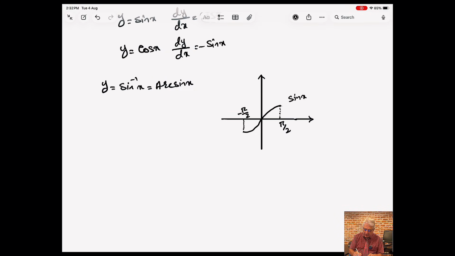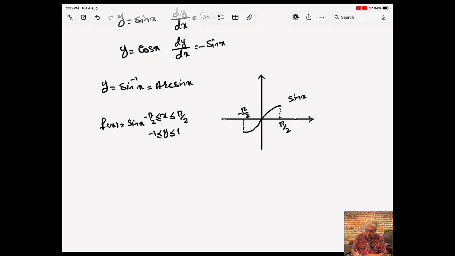Therefore, now I say if f of x is equal to sine x with x between pi over 2 and negative pi over 2, and y will be between 1 and negative 1, which is clear, always it is between 1 and negative 1, we know that about the sine.